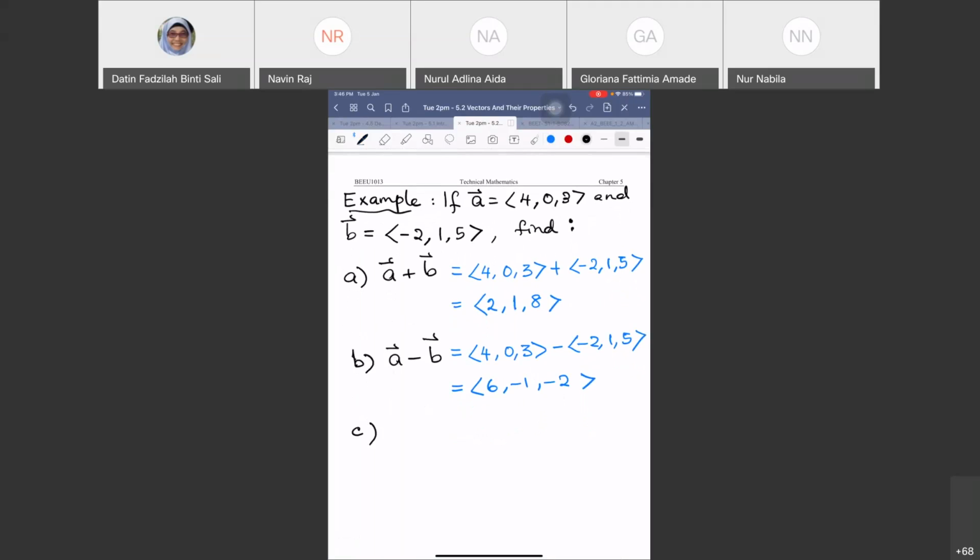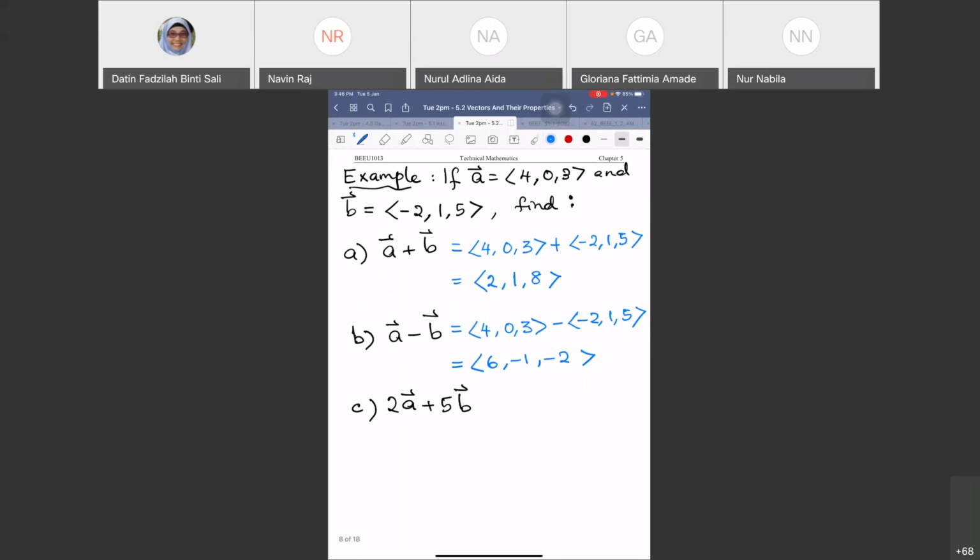Okay, C: 2A plus 5B. I hope everybody can follow this. So 2 times A is 4, 0, 3, plus 5 times B is minus 2, 1, 5.